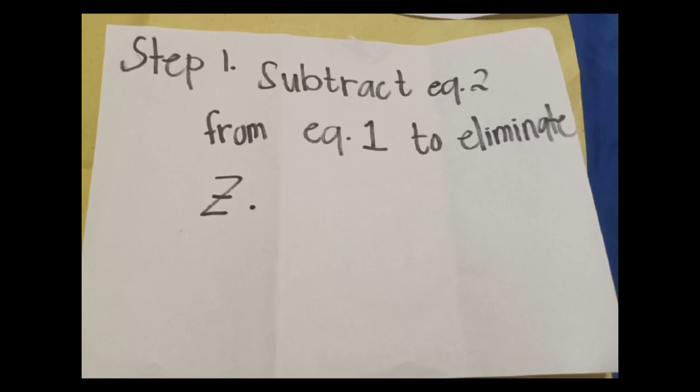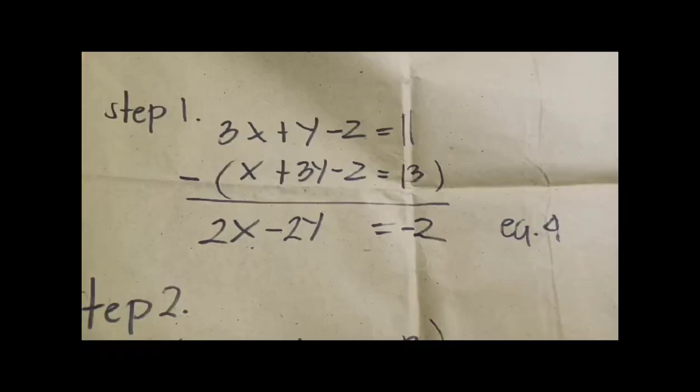Step 1, subtract equation 2 from equation 1 to eliminate z. So copy equation 1, which is 3x plus y minus z is equal to 11, and then subtract equation 2, which is x plus 3y minus z is equal to 13.